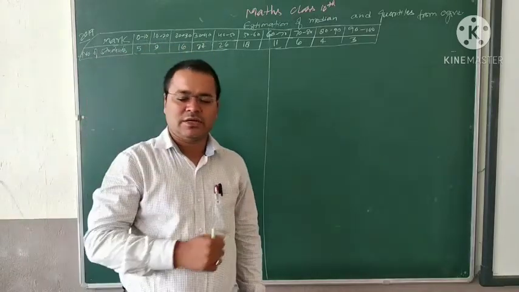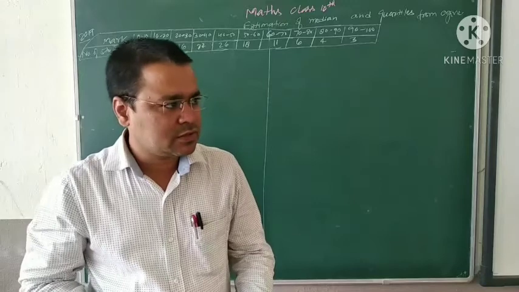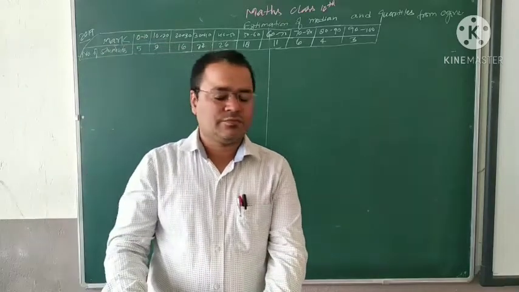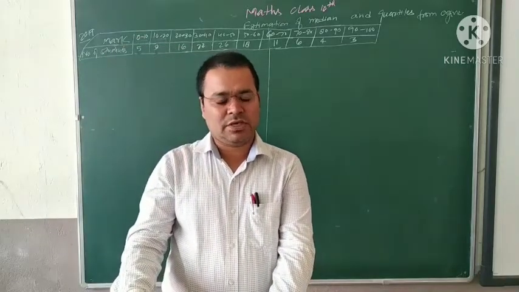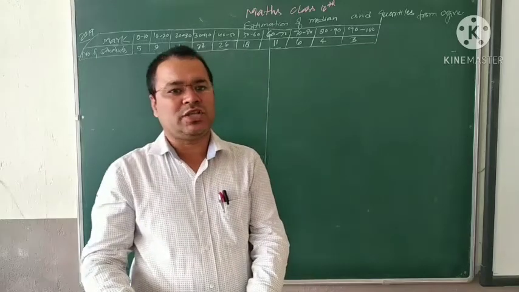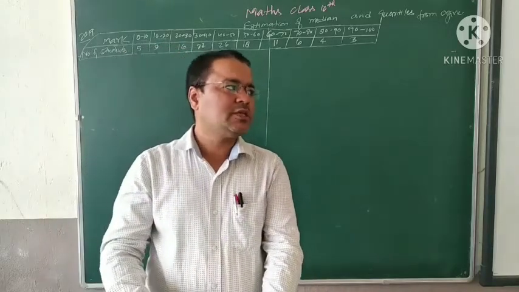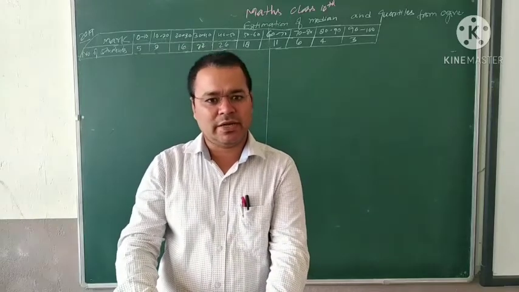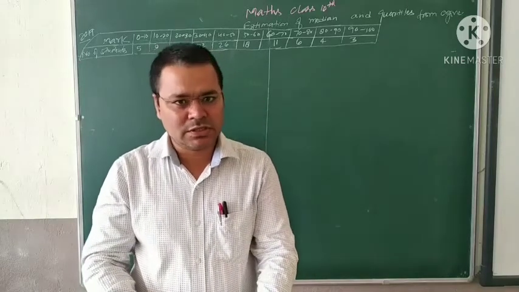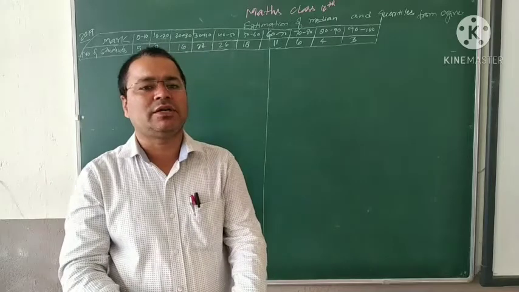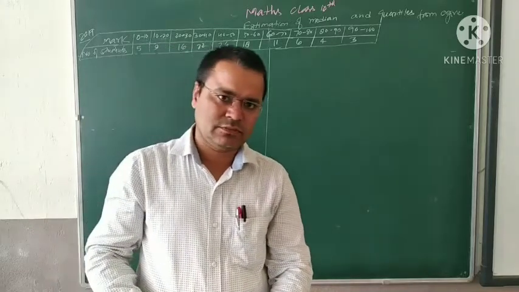This continuous class interval is required for the ogive, so no need to change it. But if it is in the form of discontinuous class intervals, then we have to first change the discontinuous class intervals into continuous class intervals.